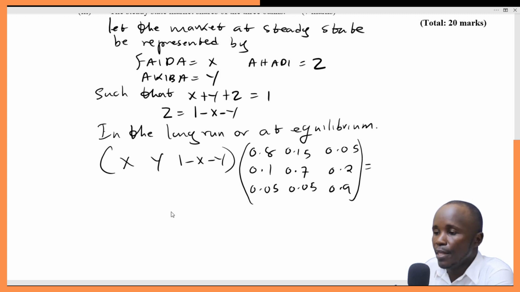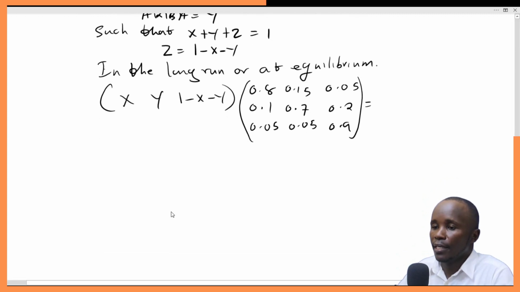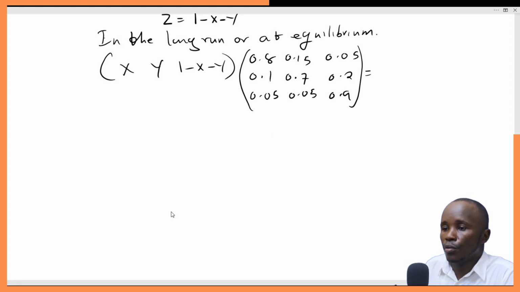The market share will remain the same, so it should be equal to X, Y, 1 minus X minus Y.